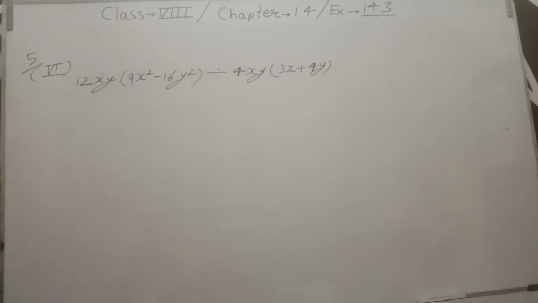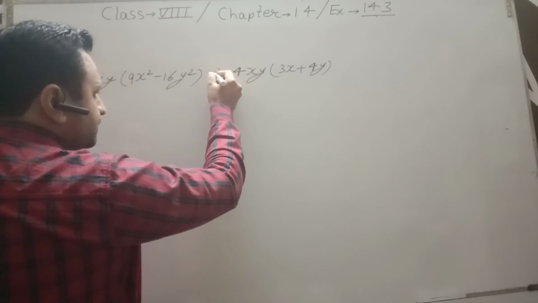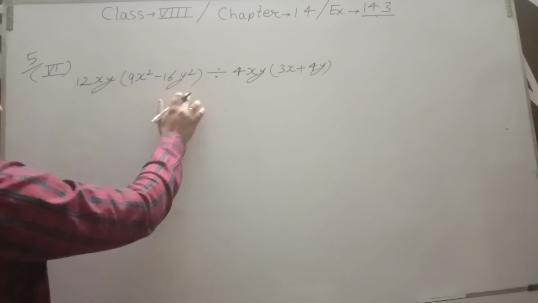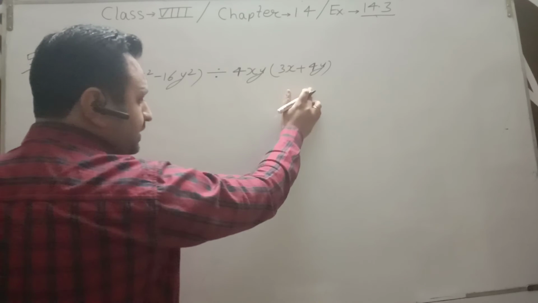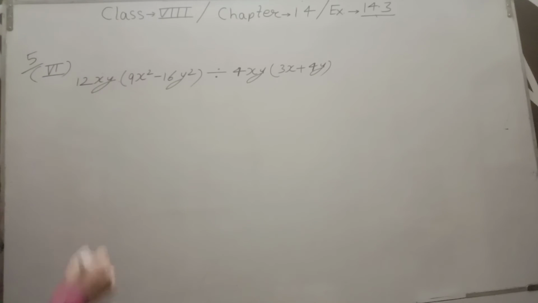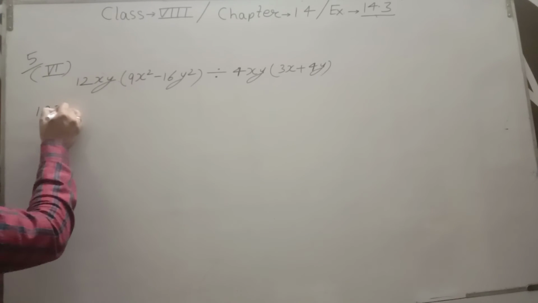Now we discuss its sixth part. In the sixth part, we have to divide this algebraic expression by this algebraic expression. So firstly we note down the numerator and we factorize it.